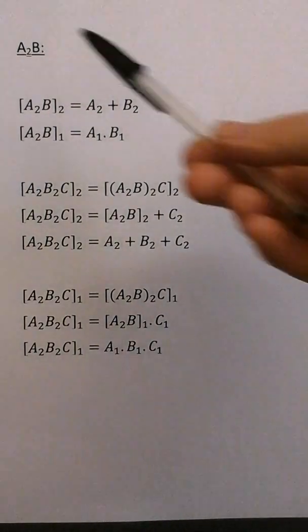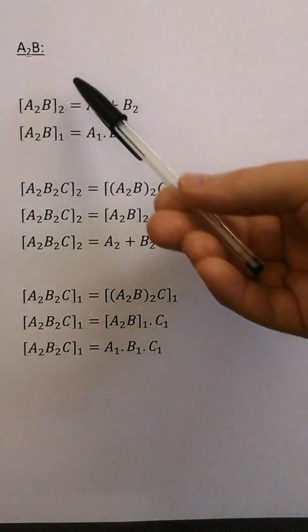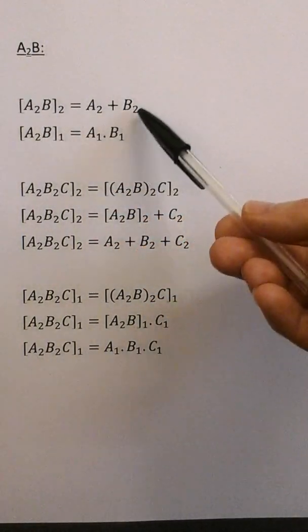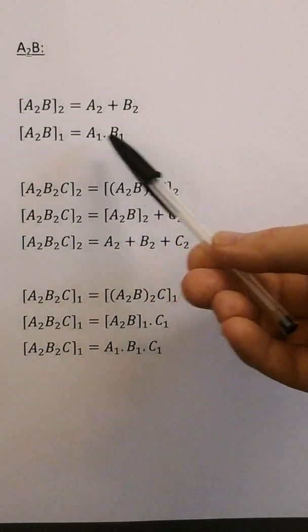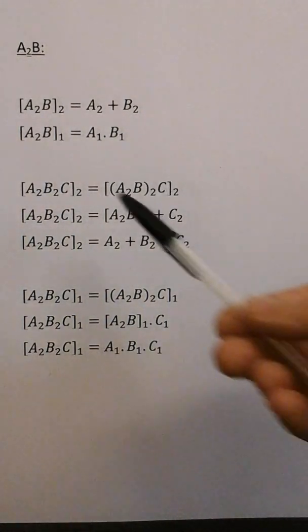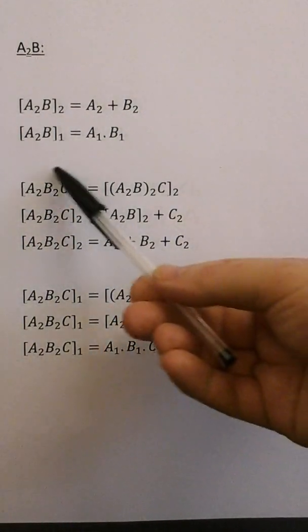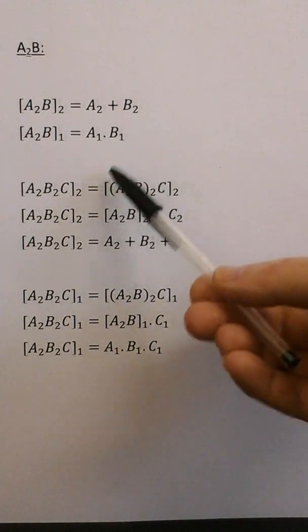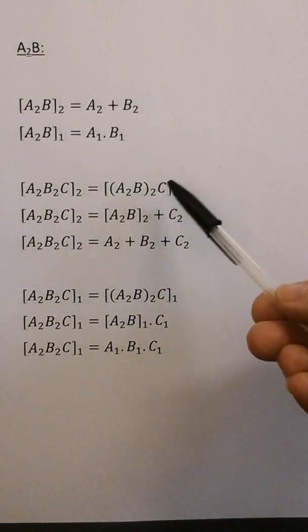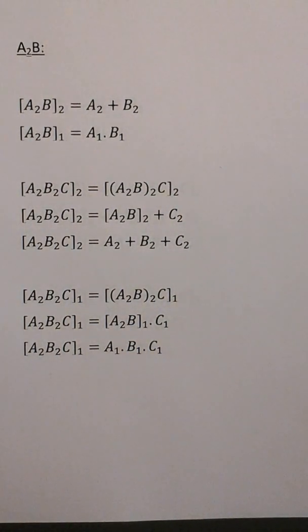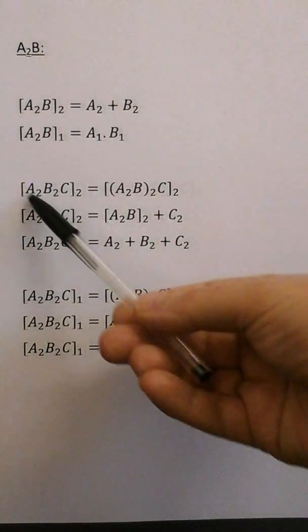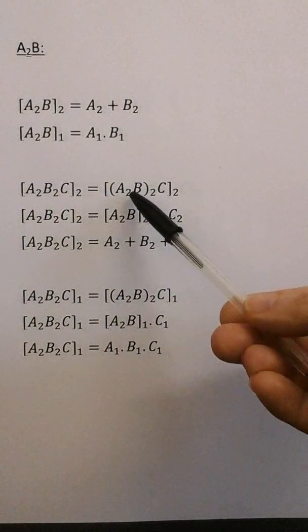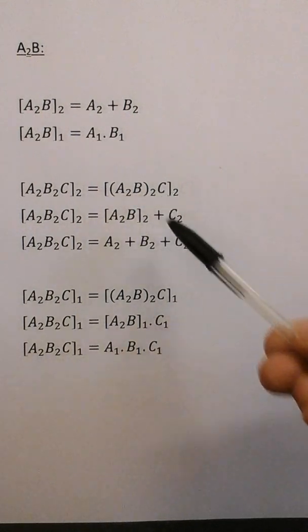So here we have the two function A2B. A2B2 equals A2 or B2, A2B1 equals A1 and B1. So again, A2B2C2 equals A2B brackets 2C2. So you're just grouping this variable here and treating it as a two variable function.